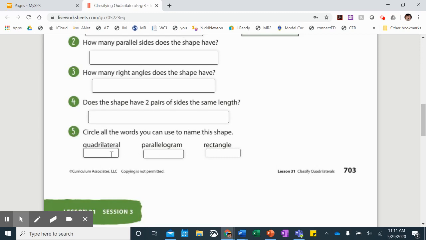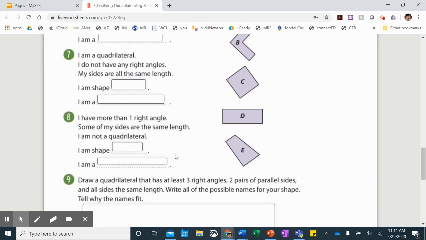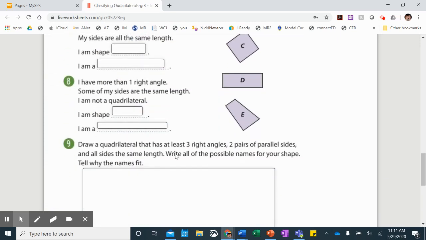We can't circle them, but I just want you to click on whichever one you think is the correct answer. Or you can say yes, and over here, no, whichever you think is the correct answer. And you have a couple of these. There is a place for you to draw a quadrilateral. If you can, take a picture of it on a piece of paper. If not, just skip number 9.